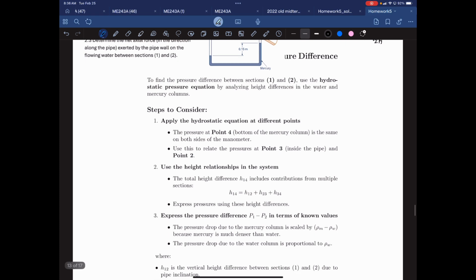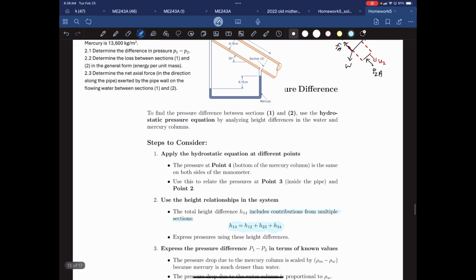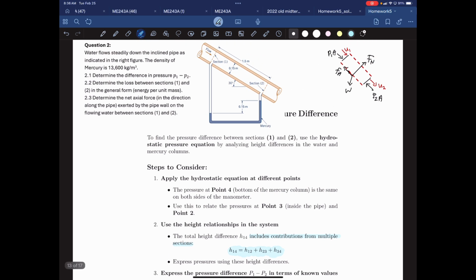This will give us our height differences. So this is the total height difference equation, with all the contributions from multiple sections. That's going to be helpful when you apply your equations.